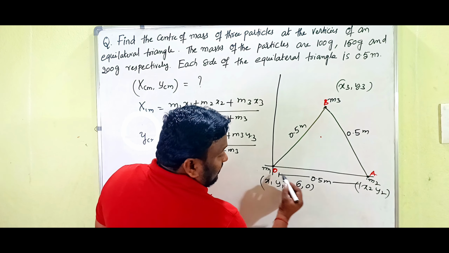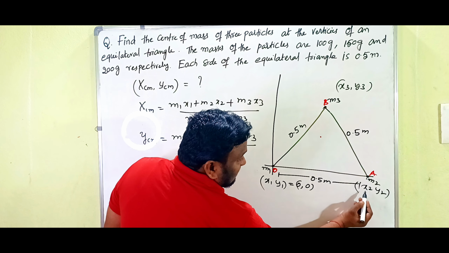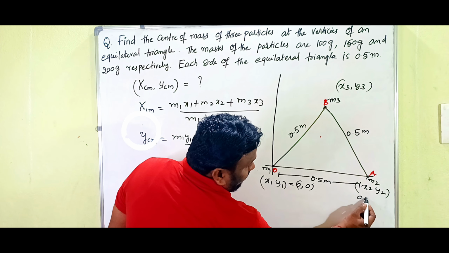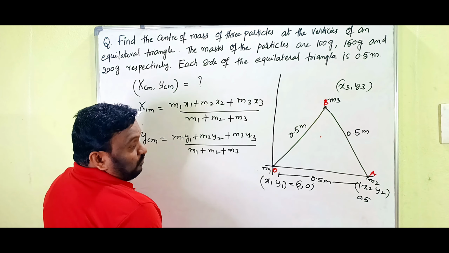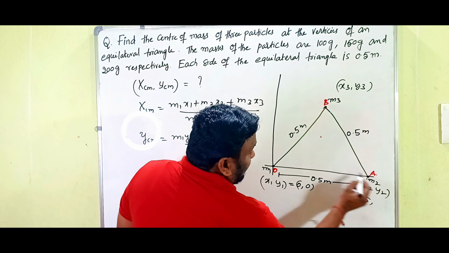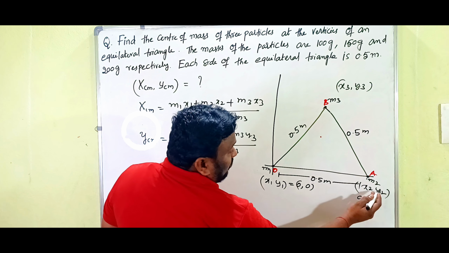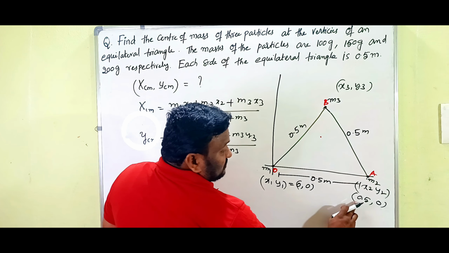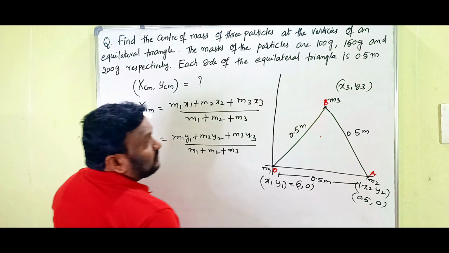So OA is nothing but x2, whose value is 0.5. And y2, since this point is on the x-axis, should be taken as 0. Clear? So 0.5 and 0.